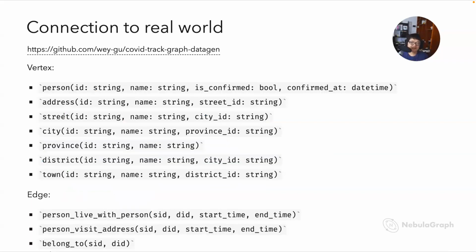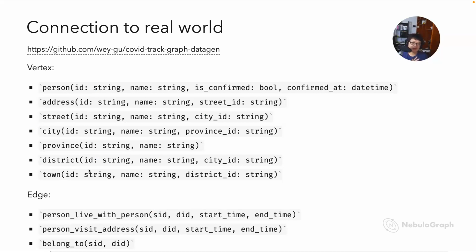The next one is how I connect real world data to the generated data. This is the module where I randomly generate a person and an address, and the street belongs to the district, which belongs to the town, which belongs to the city, which belongs to the province.